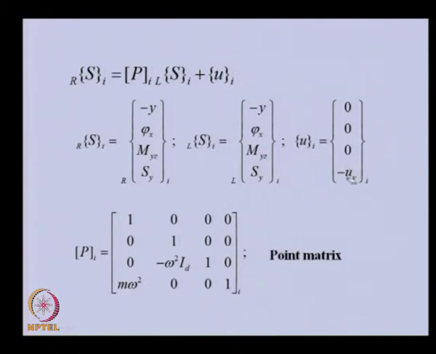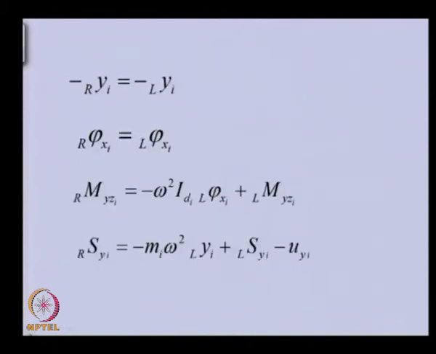So, it will come at the end. If we expand this equation, the fourth equation, we will get this equation, and this is the last term corresponding to the external force.